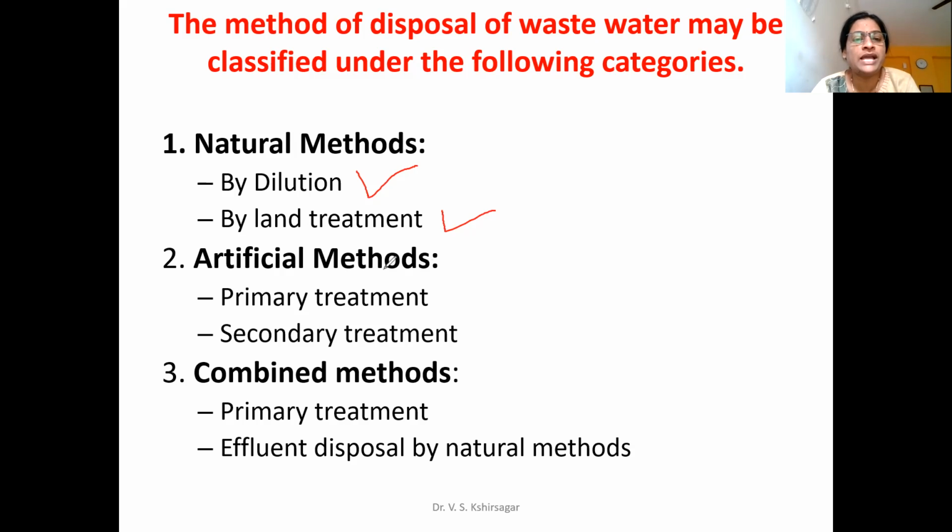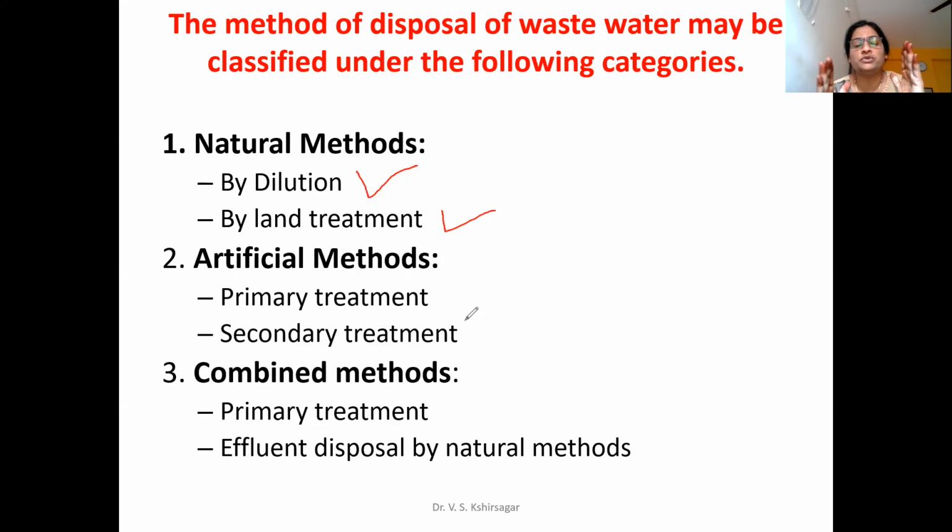Then the second one, the artificial method. Here, there are two ways: primary treatment, and primary plus secondary treatment. Artificial means whatever we have studied until now in chapters 2 and 3, those treatments. If you are using the artificial method, you need to provide the primary treatment, or you need to provide primary and secondary treatment together.